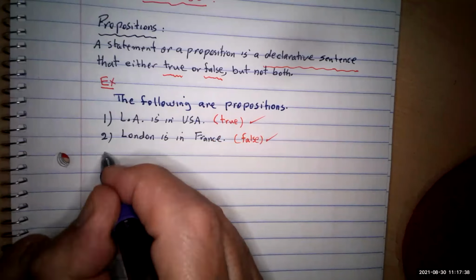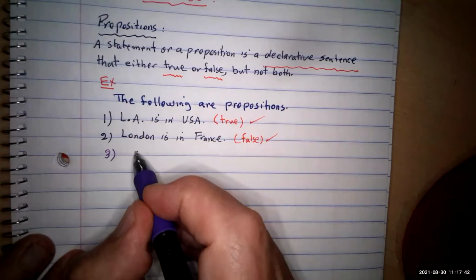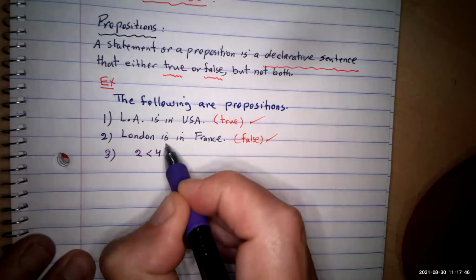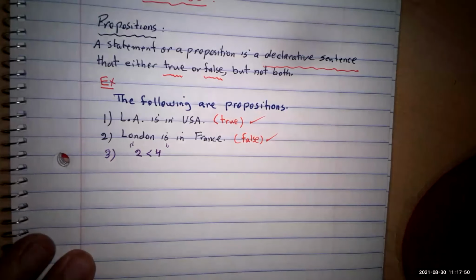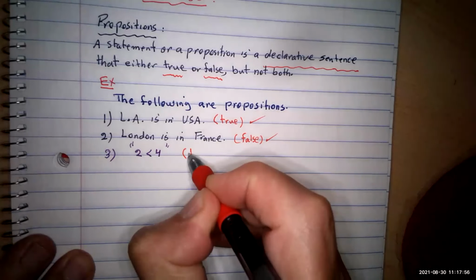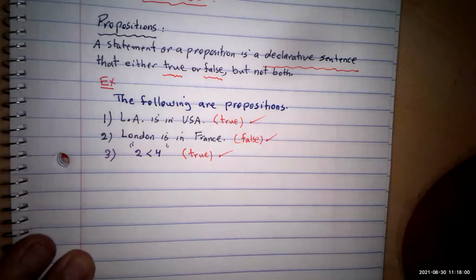The other one is the statement that 2 is less than 4. It's a statement, and this statement is true. So this can be considered a proposition.